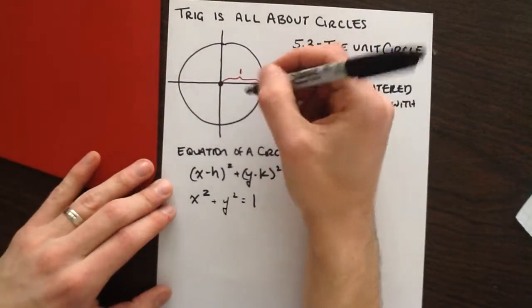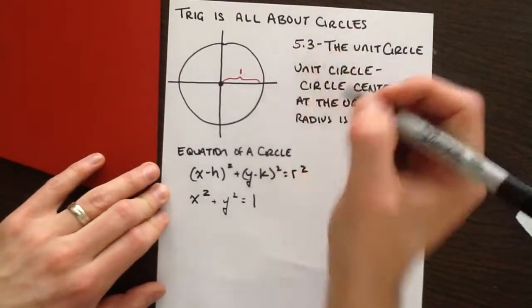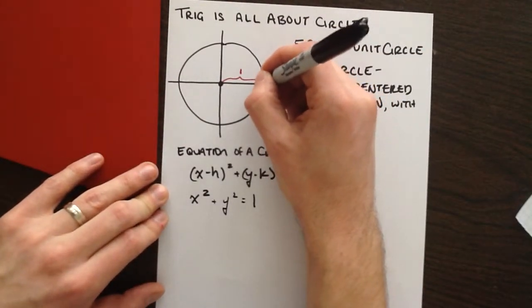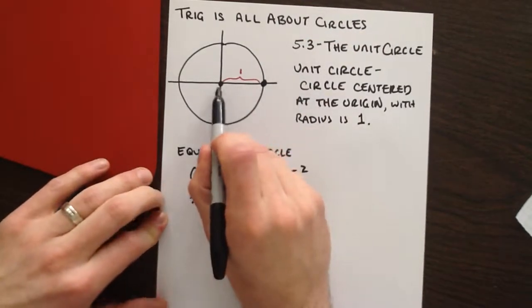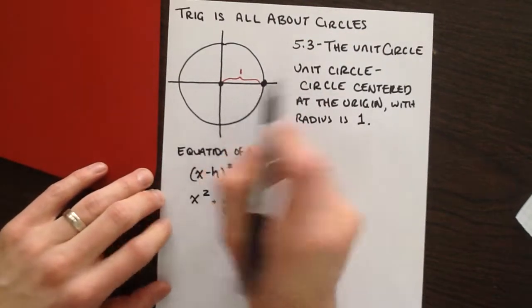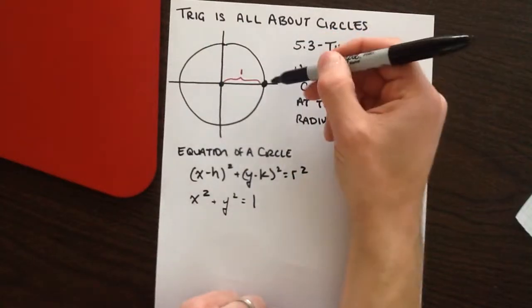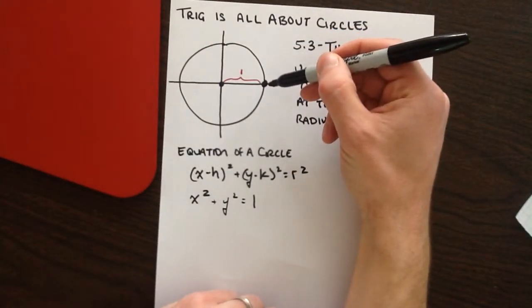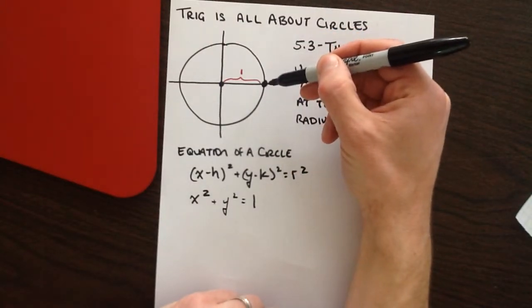So we'll start off. We're centered at the origin, our radius is 1. Let's see if we can think our way through things. If our radius extends straight to the right, what's the coordinate where the circle hits the x-axis?